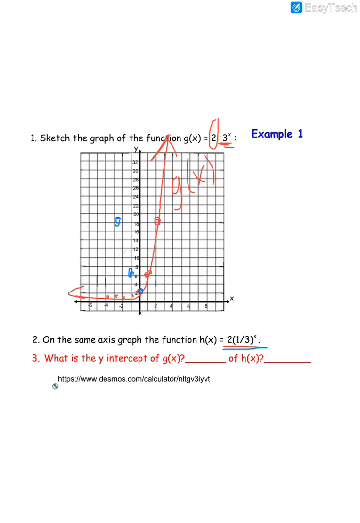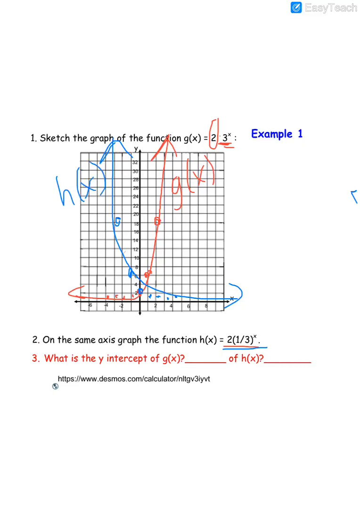This one's 1.6. So it's getting really close here, but not touching. And again, the 54 is definitely not fitting on my graph. Yours is going to look a lot better than mine. My graphs are not so great. This is h of x.